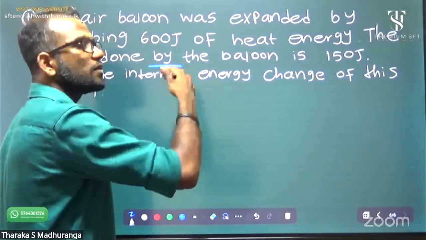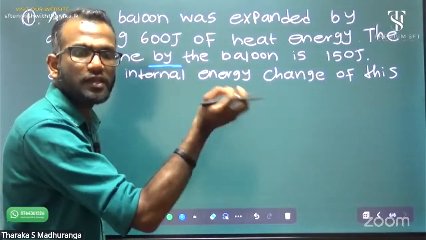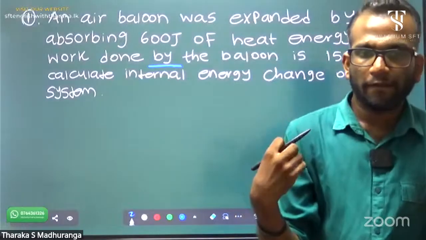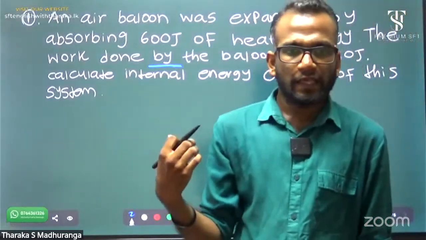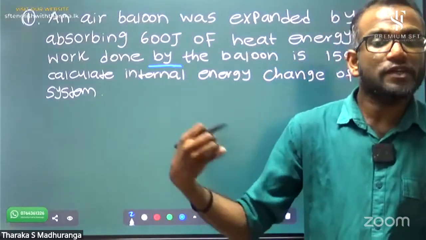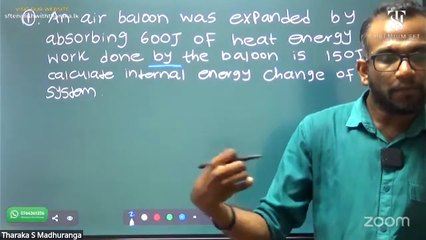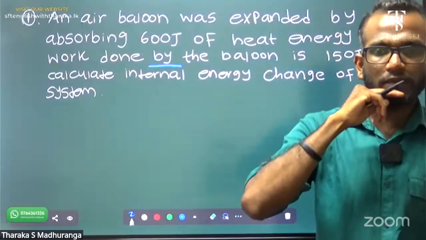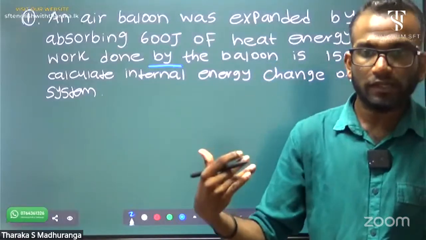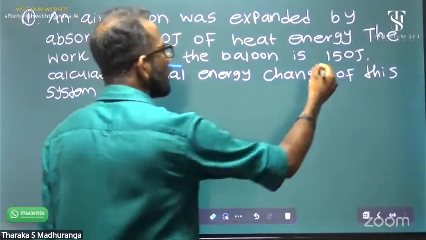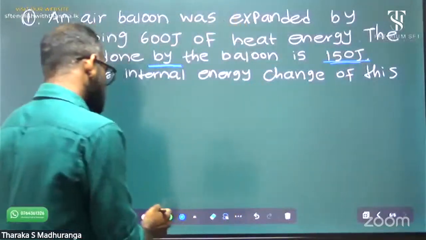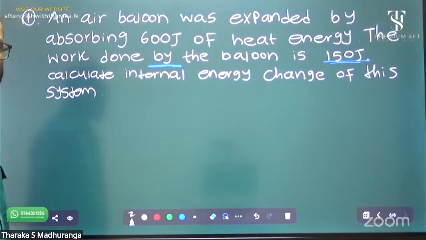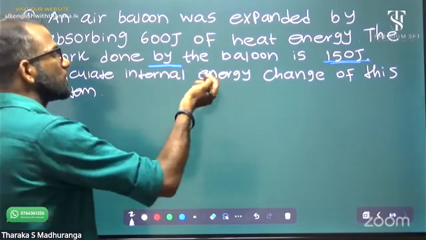It means the balloon is doing some work, right? Then is the energy increasing or decreasing? That means when we do some work, our energy level is decreasing. Yes, then 150 is decreasing. Okay, think, write this down.